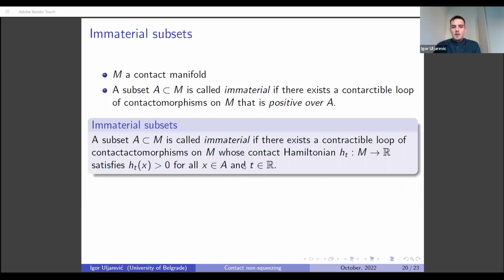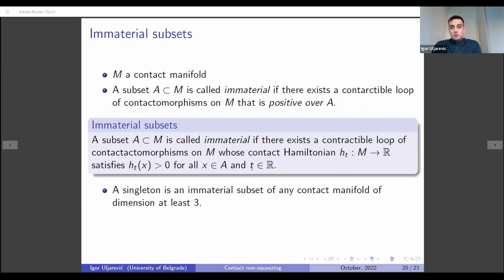So by this, I mean the following. There exists a loop of contact diffeomorphisms that is contractible on M, such that its contact Hamiltonian at the time t and at the point x is positive whenever x is in A and for all times t in R. So a set consisting of only one point is always immaterial if the contact manifold has dimension at least 3.